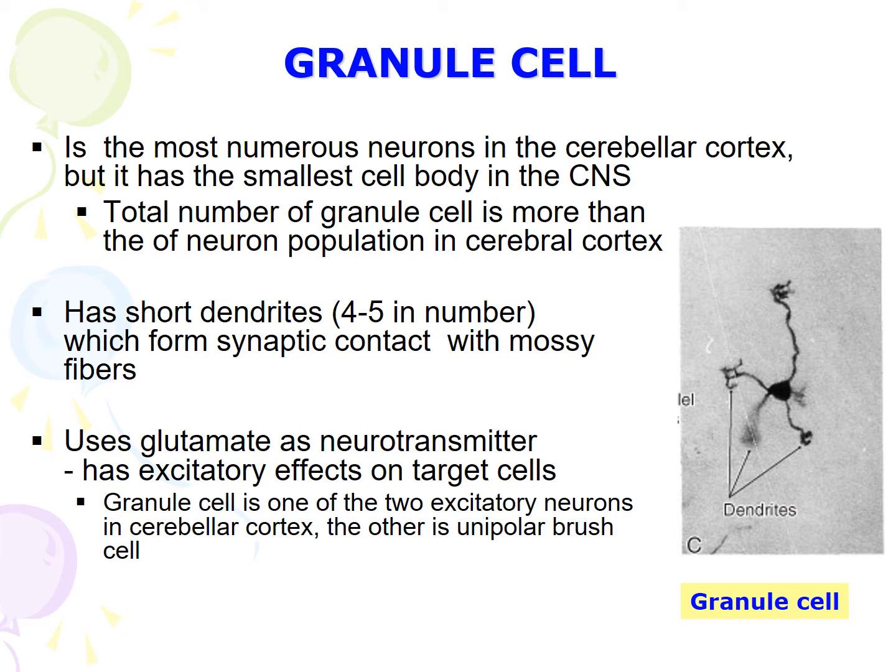This is the cell body, and it has quite a number of dendrites, in fact 4 or 5, which form contact with mossy fibers. And granular cells use glutamate as neurotransmitter, which is an excitatory neurotransmitter.